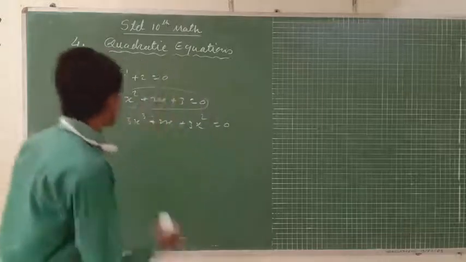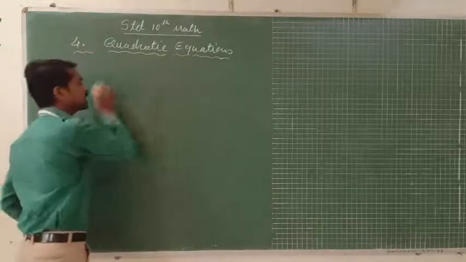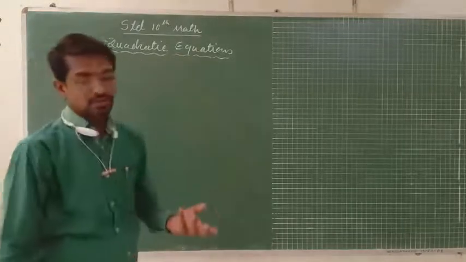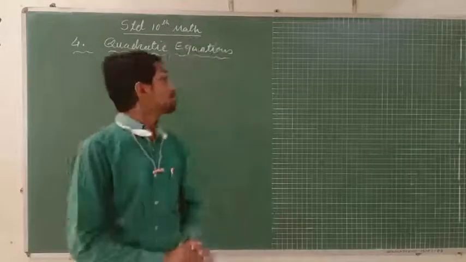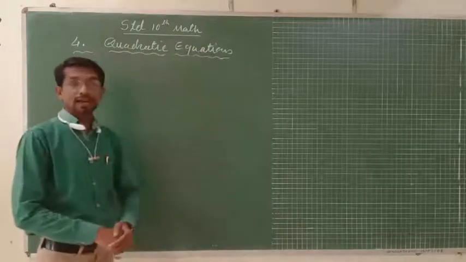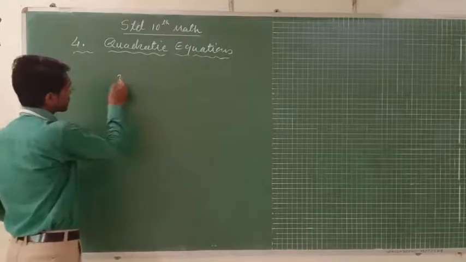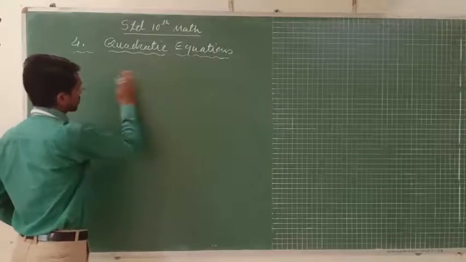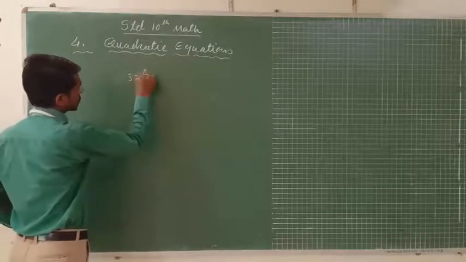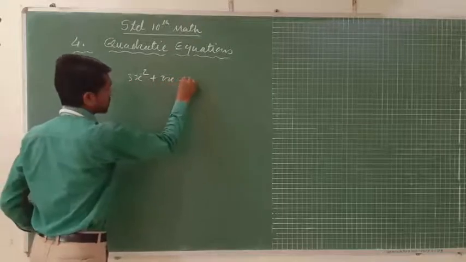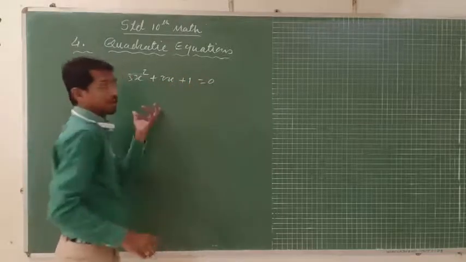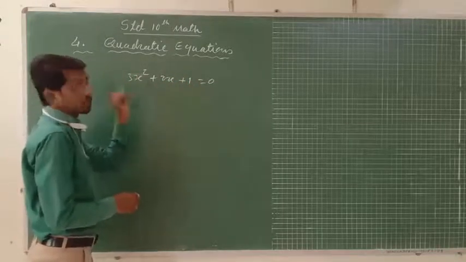Now we deal with this one. There are so many ways to write the polynomial, meaning the quadratic equations. Suppose I am writing 3x square plus 2x plus 1 is equal to 0. See, the degree is 2.